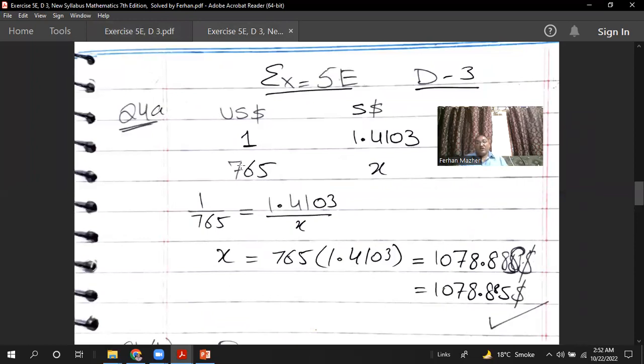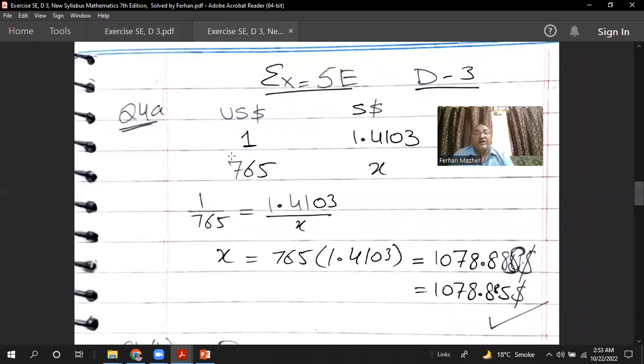So we write US dollars and Singapore dollars. 1 US dollar is equal to 1.4103 Singapore dollars. So if you have 765 US dollars, how many Singapore dollars will you get? I suppose that is X. So I will convert the ratios into fractions.